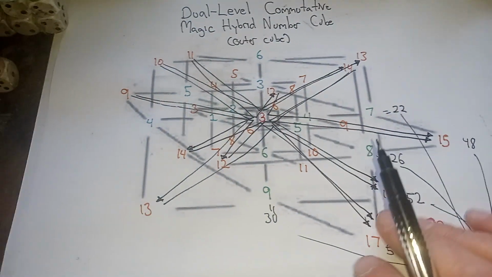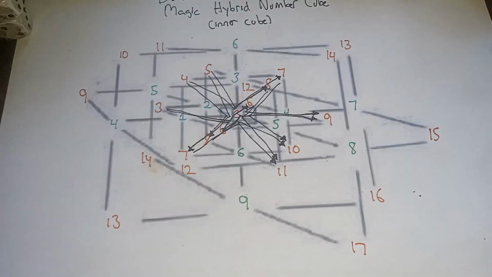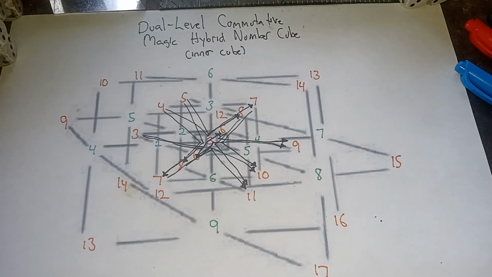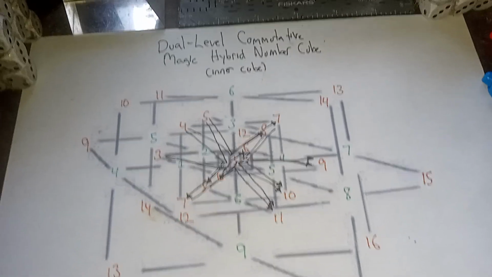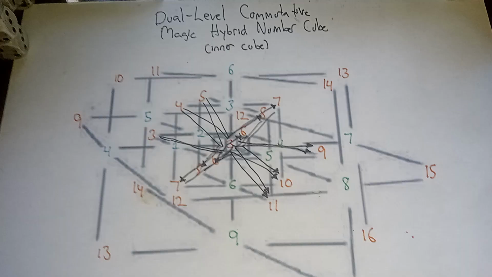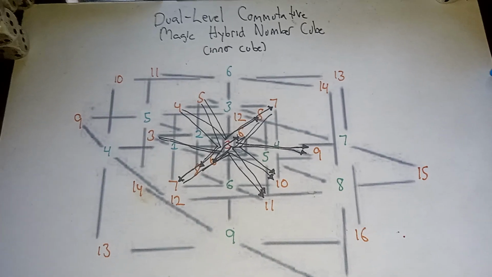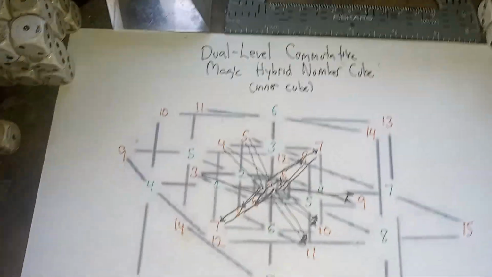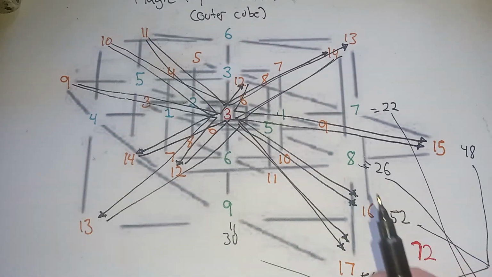This is the outer cube. This is the inner cube. And you can figure out the same things by following along the same course of breaking these down.